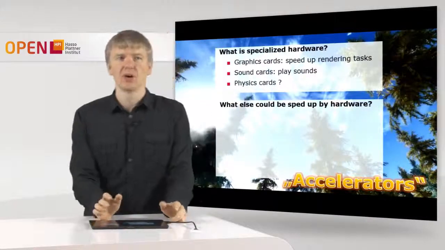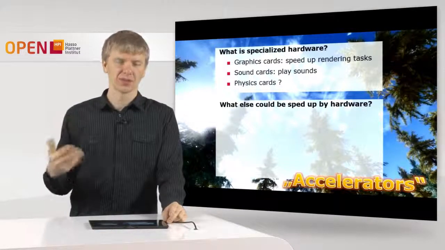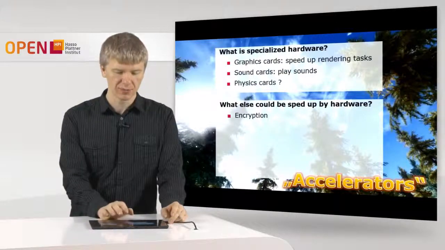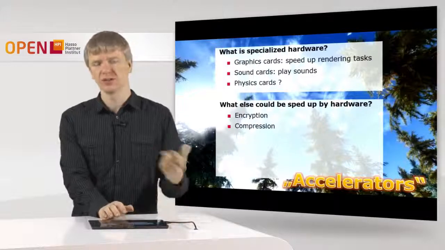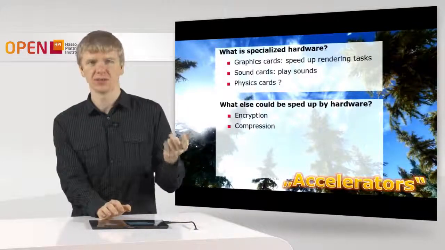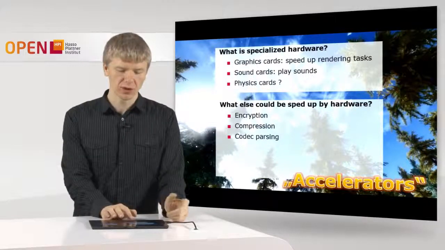We could also think about other applications that could benefit from special hardware. For example, encryption would be one, compression would be another one. So we could have special hardware that is very good at encryption or compression, and that speeds up those tasks. Or codec parsing.